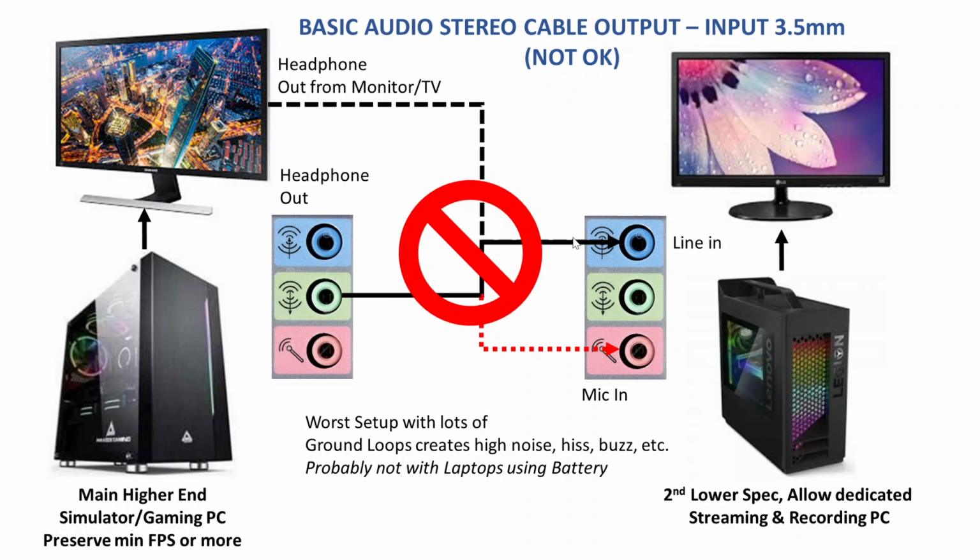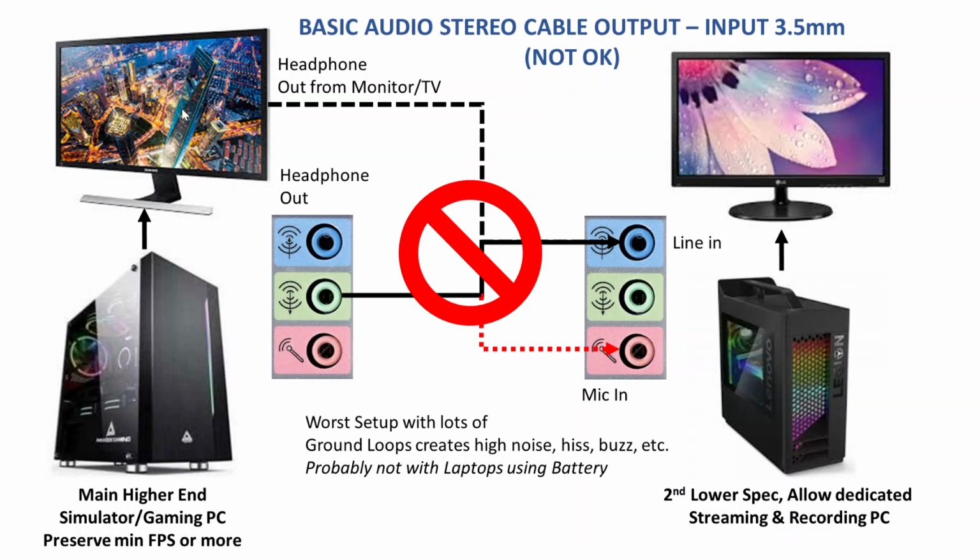But let's say you have the line in, also using a stereo cable, 3.5 millimeters. Yeah, that's the basic connection. And also if you have a monitor or TV, if you send the signal through HDMI, it carries audio also, stereo audio, and then you can connect from the TV audio output or monitor output.